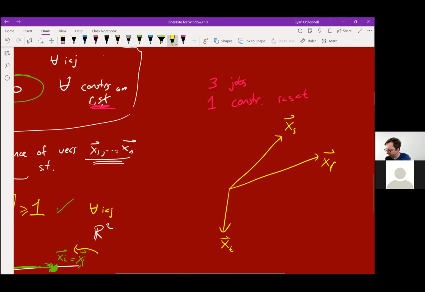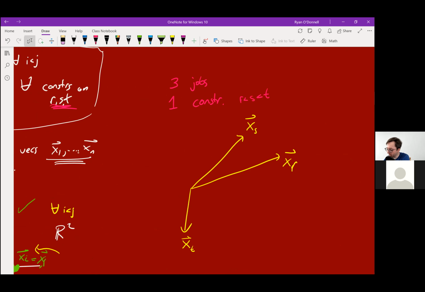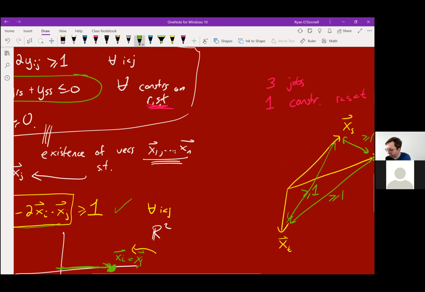So in this picture it means that this distance is at least 1, this distance is at least 1, and this distance, this diagram's getting messy, at least 1. And what about this one?